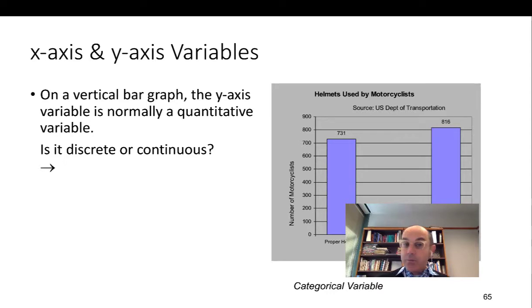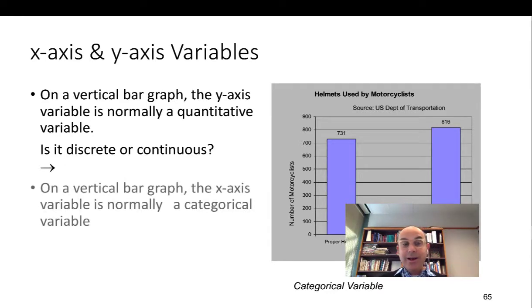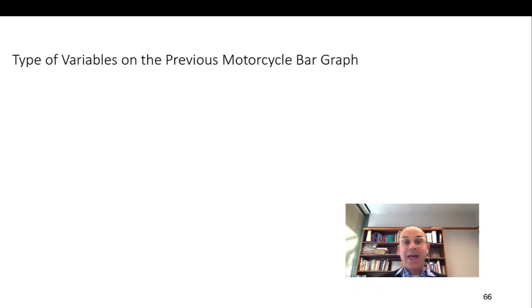So is it discrete or continuous? Again, the idea here is that usually in this type, we are using a categorical variable in order to display that.